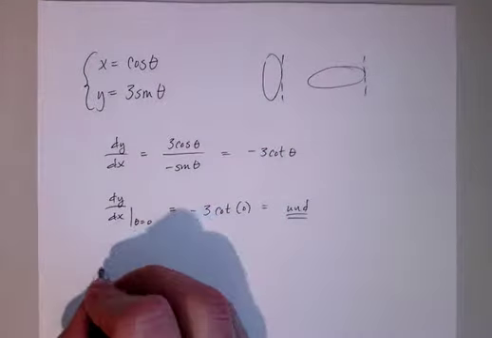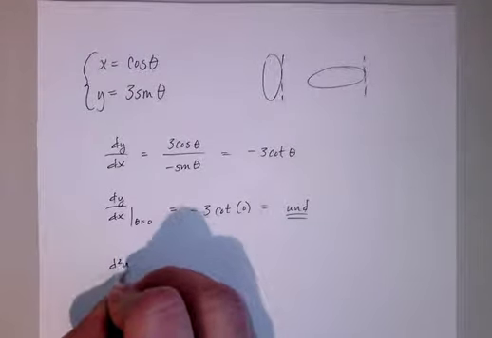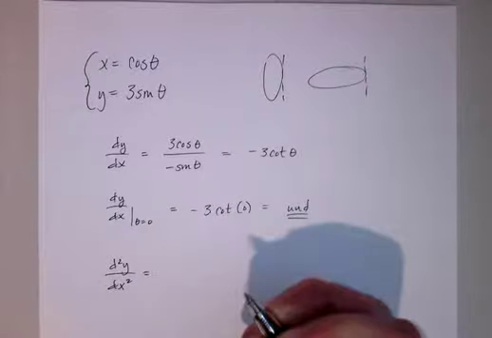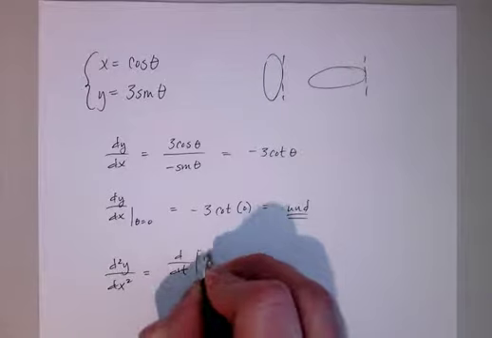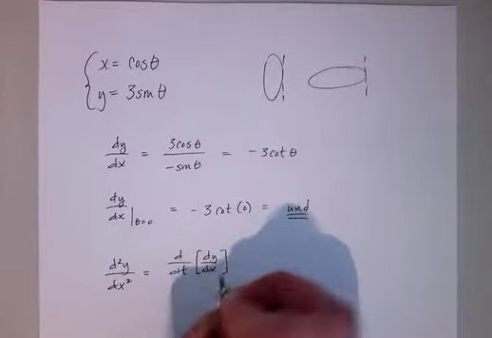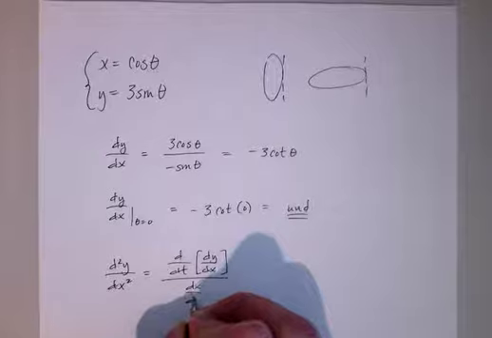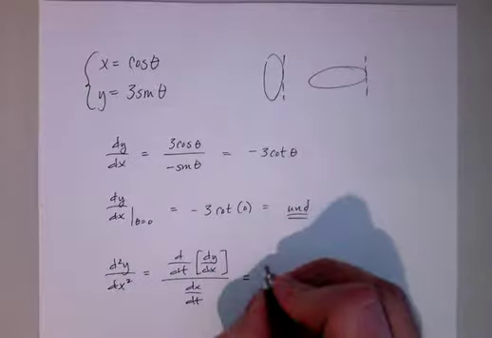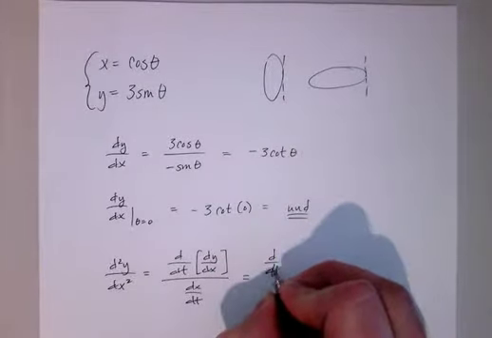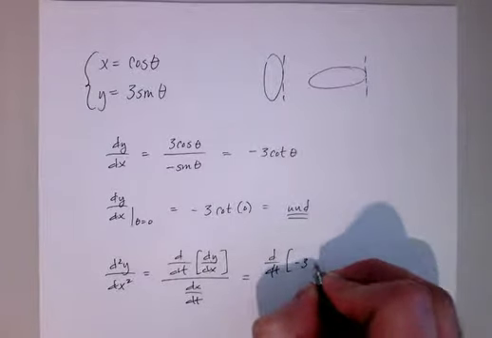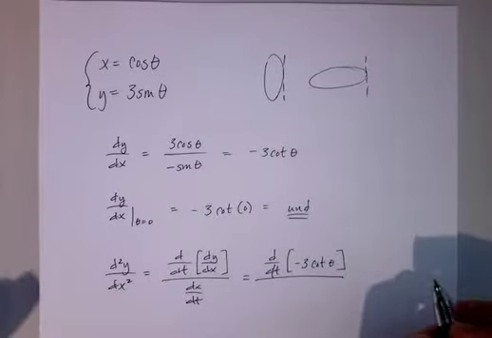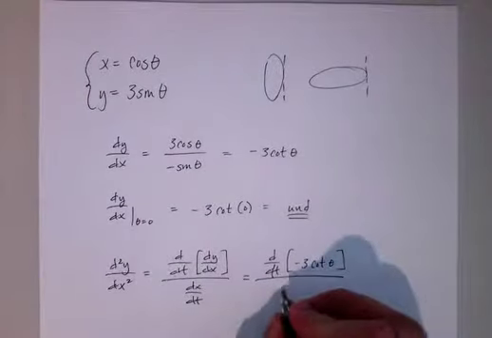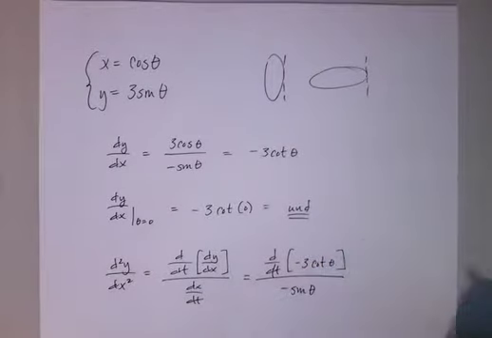Let's go ahead and take the second derivative. Now I know that the second derivative, like I've already said, is d/dt of dy/dx over dx/dt. Okay? So I need d/dt of negative 3 cotangent theta, all of that over dx/dt, which we know is negative sine theta.